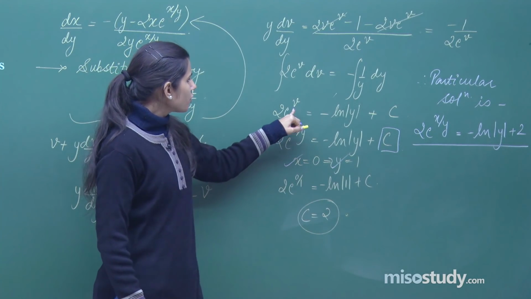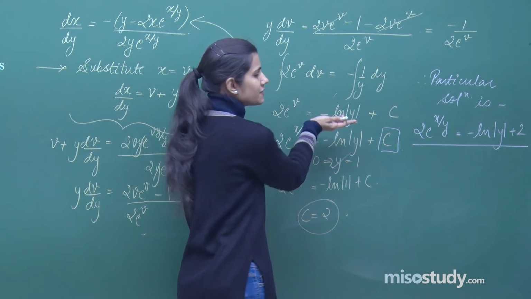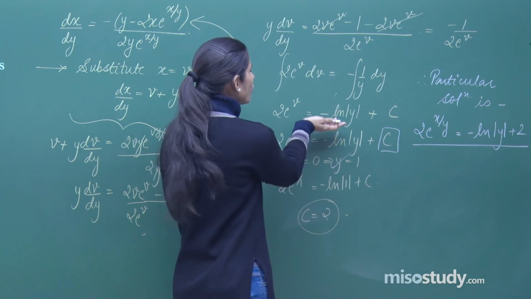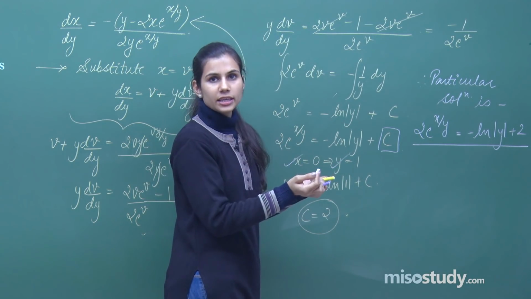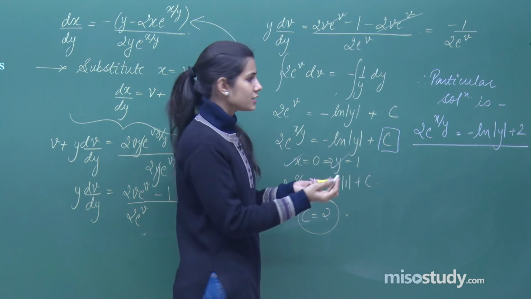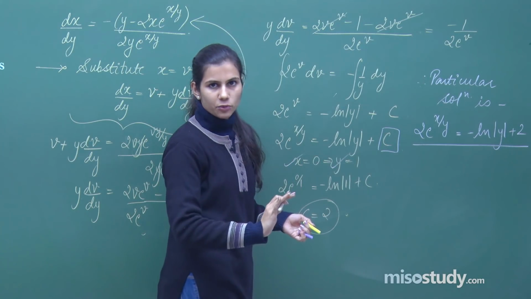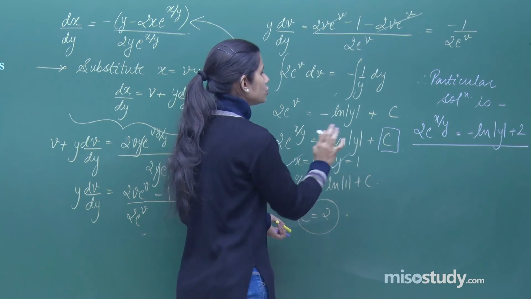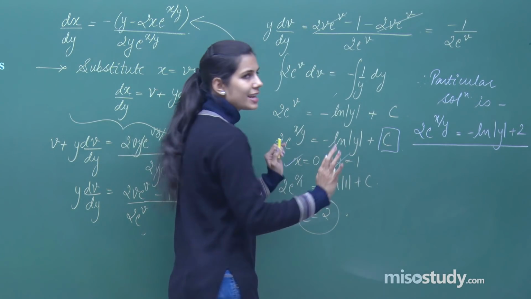That is why it was important for me to first replace v by x by y, because if over here only I would have started finding the value of c, I wanted to substitute x 0 and y 1, but there is no x, there is v, right? So I first converted v as x by y, I got everything in terms of x and y, and then after proper substitution I got the value of c.